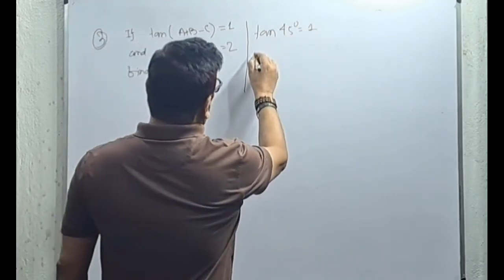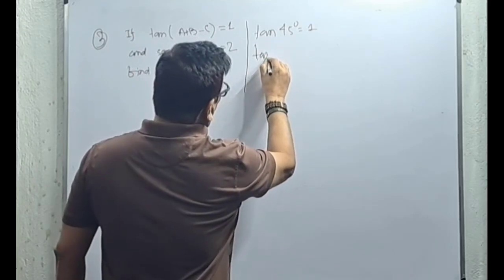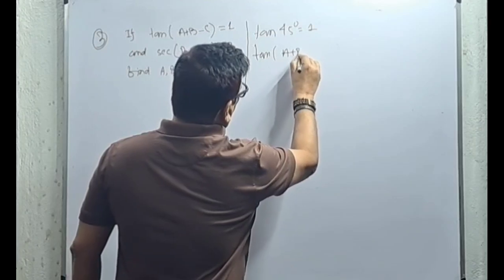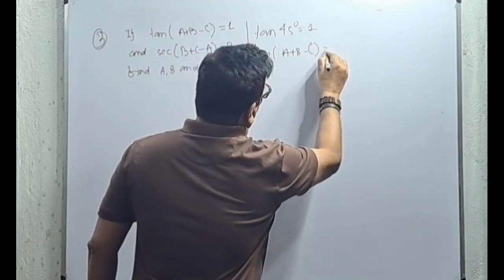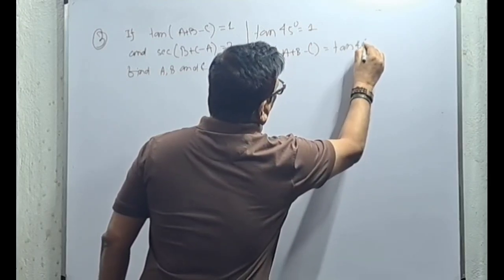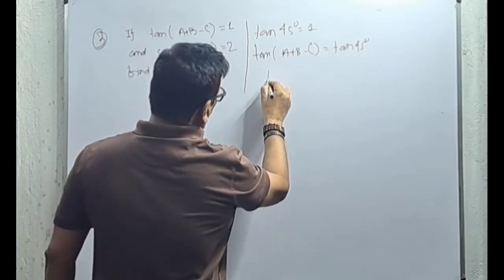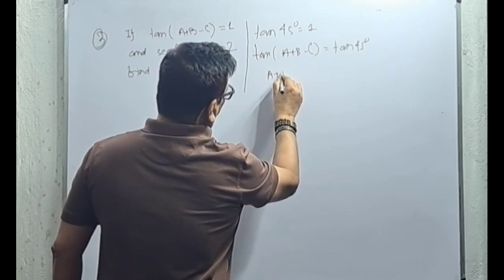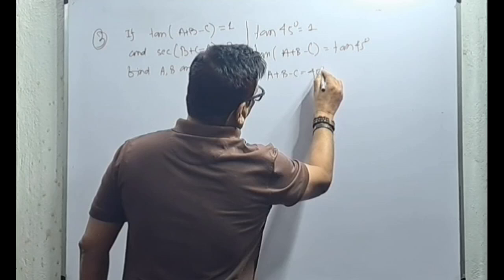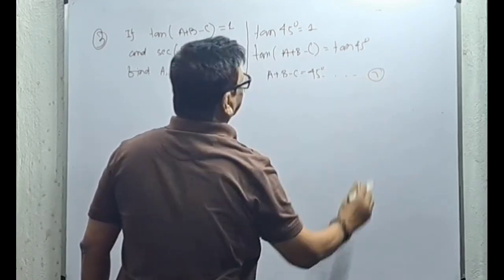Correct? Therefore, tan (A plus B minus C) is equal to tan 45 degree. So comparing both sides, A plus B minus C is equal to 45, right? Equation number 1.